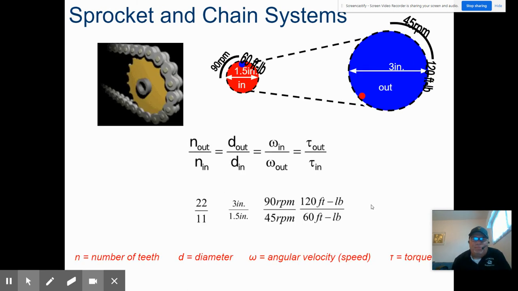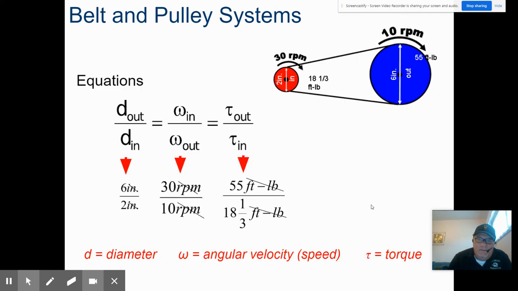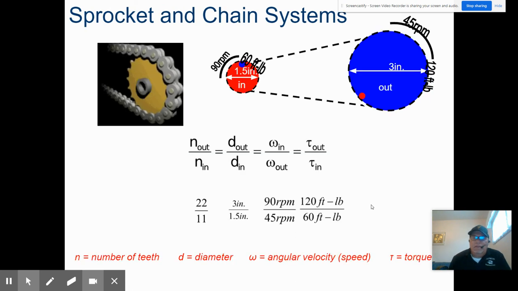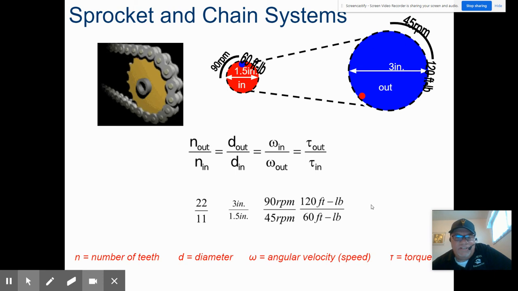And here's a sprocket and chain system, different from a belt and pulley system because we have sprockets and a chain. But it's the same, right? You have N out over N in, D out over D in, angular velocity in over angular velocity out, and torque out over torque in.